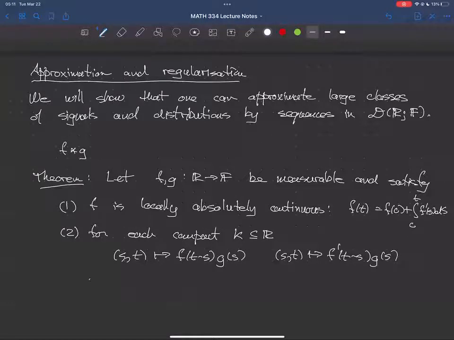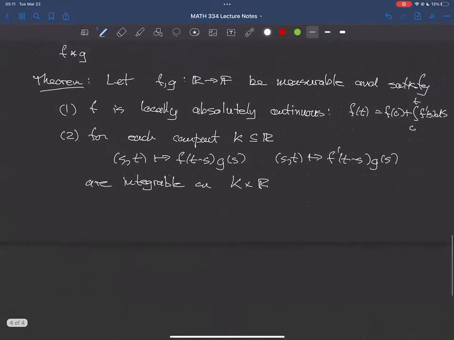These are integrable on K cross R. So the idea is that they're locally integrable here and integrable here.